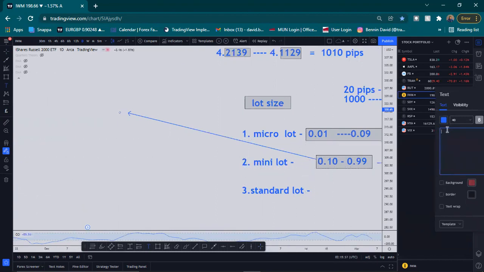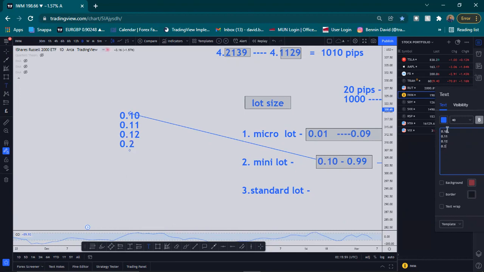So you have 0.10, 0.11, 0.12, all the way to 0.2.